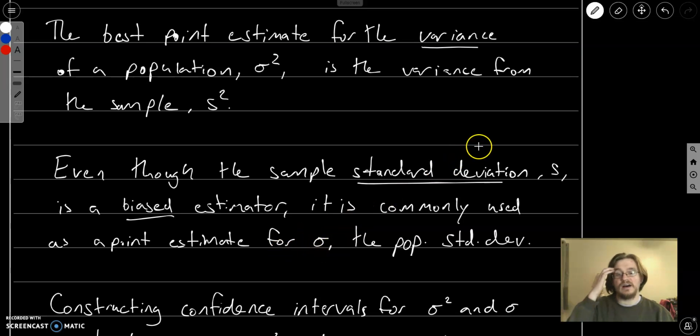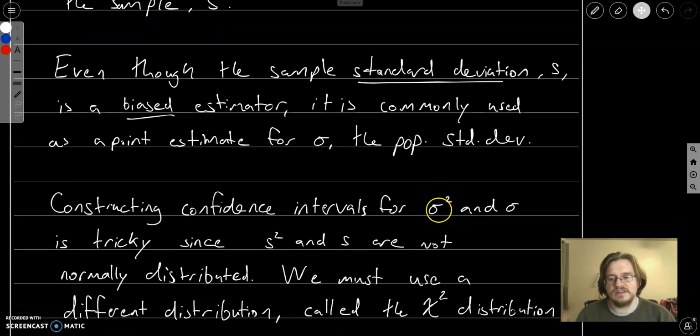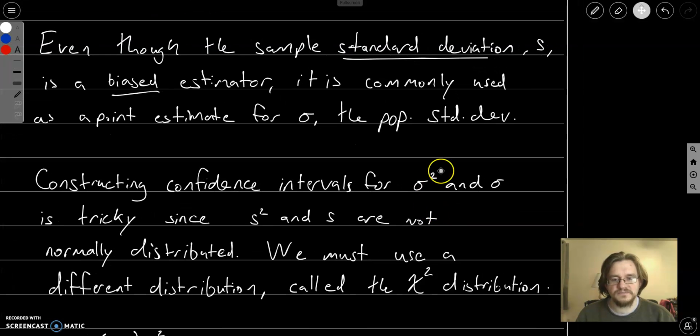So essentially, we can use our sample statistics to estimate our population parameters in this case. Even though it's not the best one, we will quite often use the sample standard deviation to estimate the population standard deviation. The biggest problem comes in constructing confidence intervals.